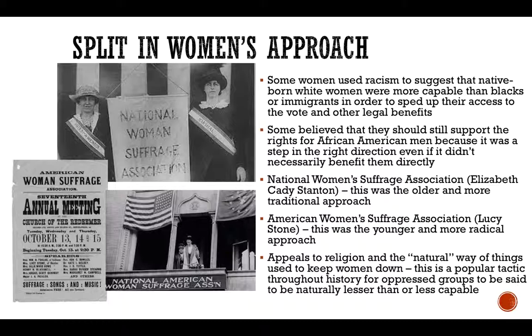And appeals to religion and the natural way of things continued to be used to keep women down. And this is a popular tactic throughout history to go against oppressed groups. If someone claims that they're naturally or scientifically less able or less capable, people are more willing to listen to that and consider that.